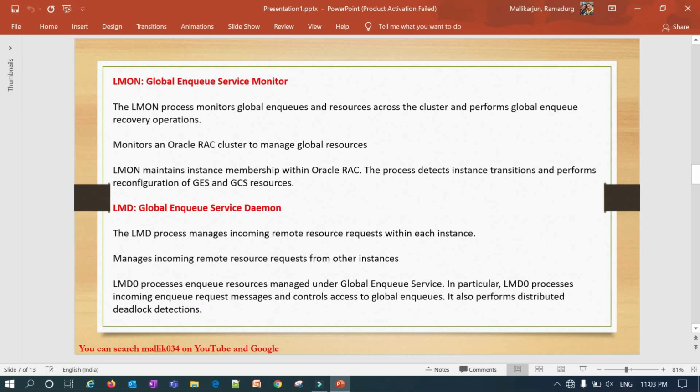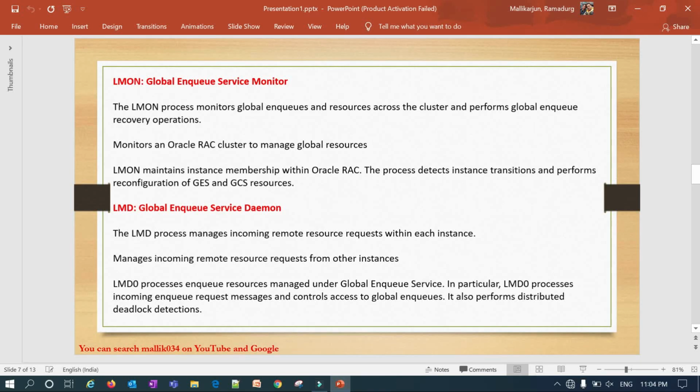Now, going to the next background process, LMD, the global enqueue service daemon. The LMD process manages incoming remote resource requests within each instance. Whenever there is an incoming request for a particular block or resource, that request is managed by this LMD, which belongs to each instance.